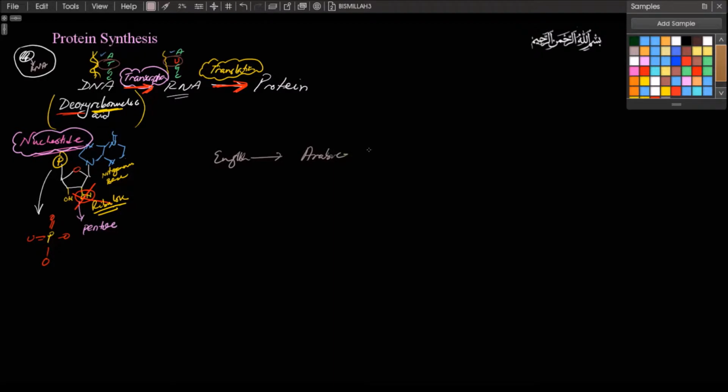So this is translation. This is an entirely different language, and that makes sense here because DNA is made of nucleotides, right? RNA is made of nucleotides with slight differences, right? Because of the uracil and the single strand, and the hydroxyl group missing in DNA.